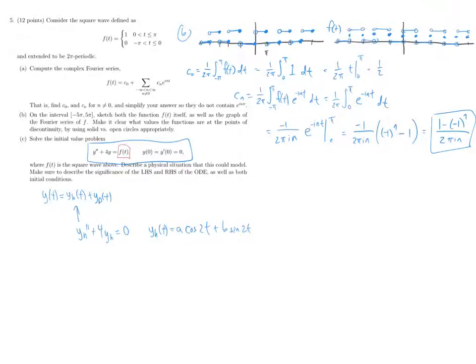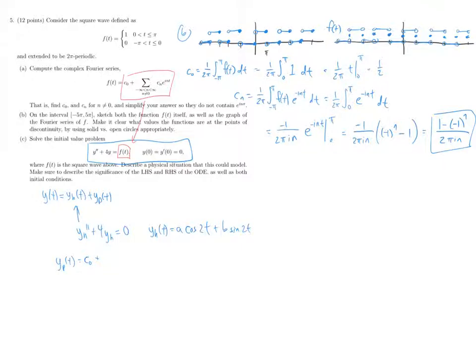So the right-hand side, we know, is a Fourier series. So that means that we have to assume that yp of t is c naught. Again, I like to take the constant out here because all of the others use the same formula, but you have to compute the constant separately.